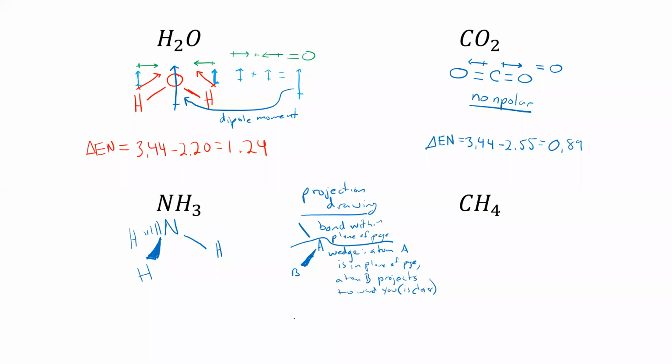And then the other version of drawing bonds in projection drawing is when you have atom A, and we'll call it atom C. This is a dashed line.